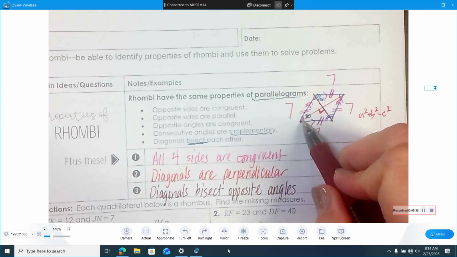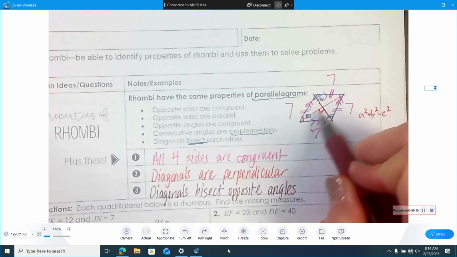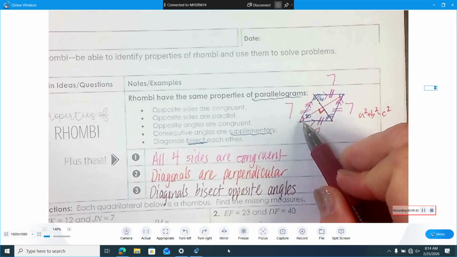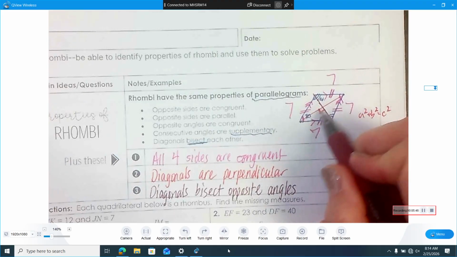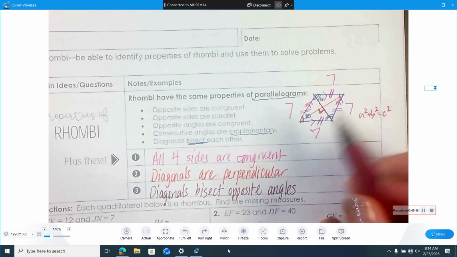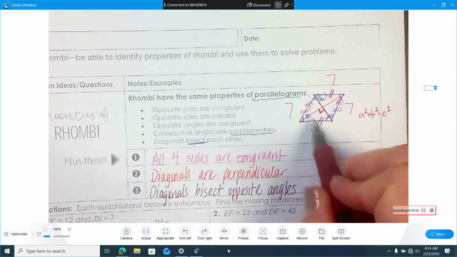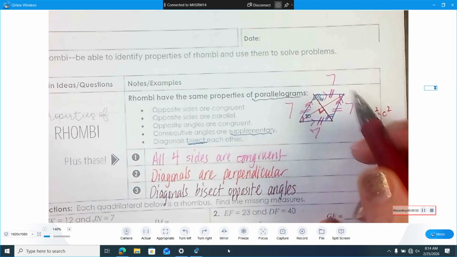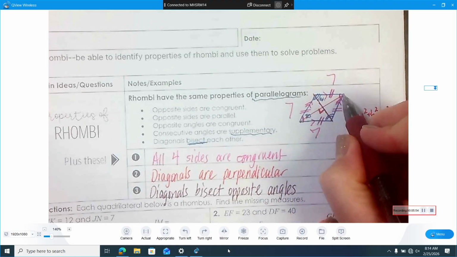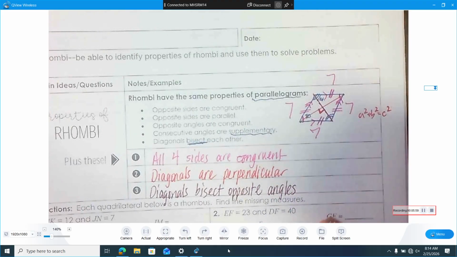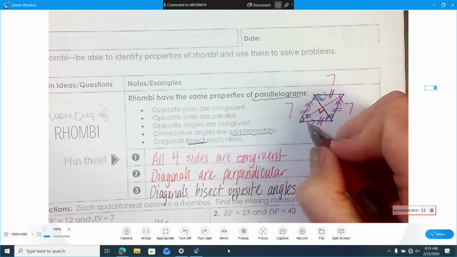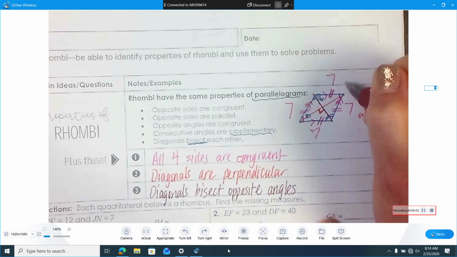So these opposite angles in my picture that I drew were 80 degrees each, but it turns out that because all my side lengths are the same, the diagonal does get bisected too, but the angle itself gets bisected.